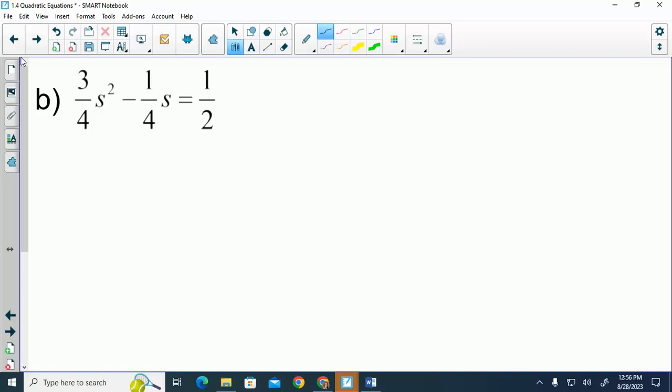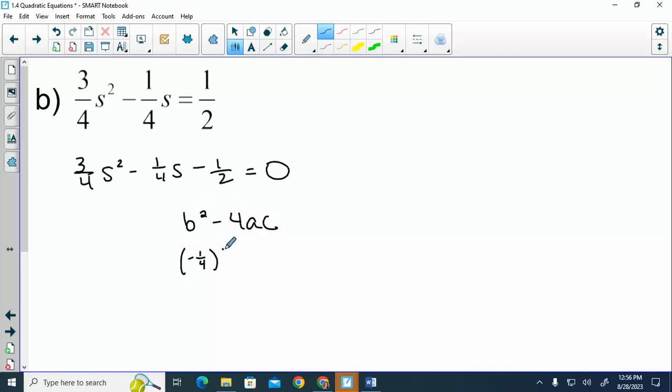What am I going to have to do before I can find my discriminant on this? Subtract. We need everything on one side. So my discriminant, b squared minus 4ac. And then 1/4 squared minus 4 times 3/4 times 1/4.